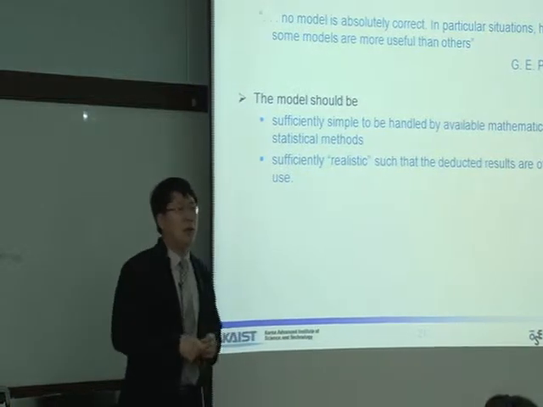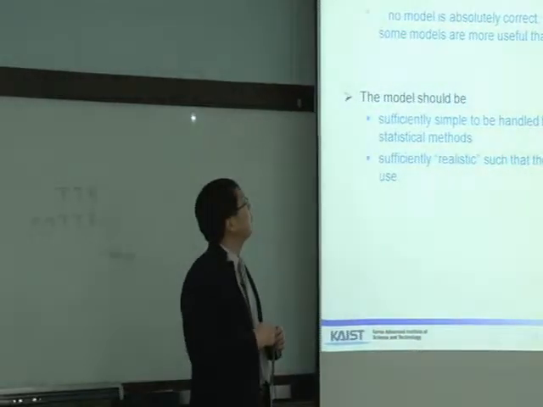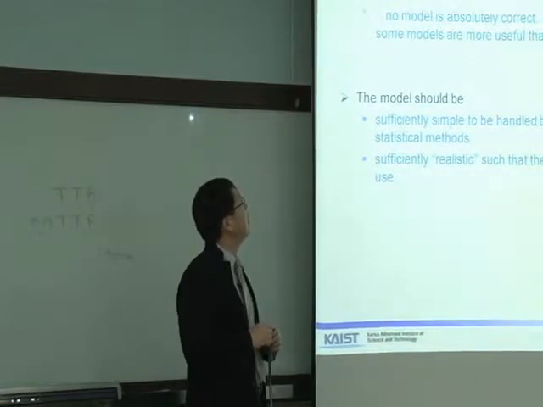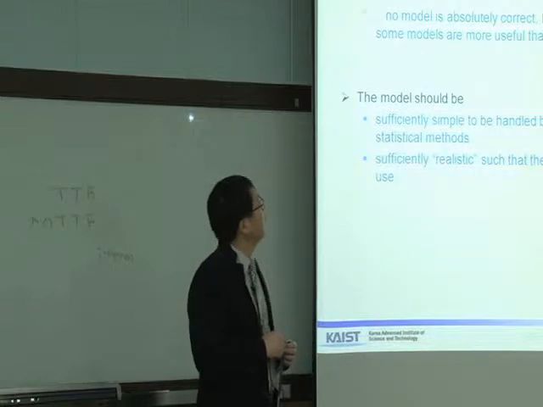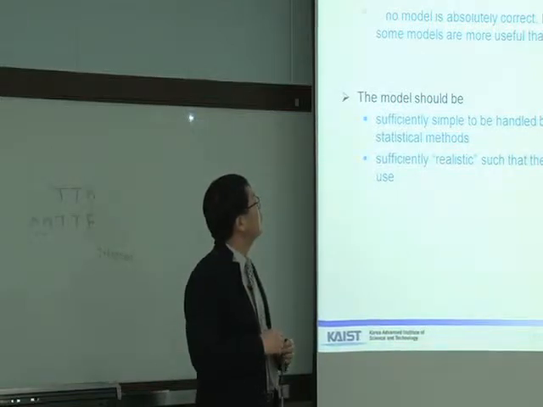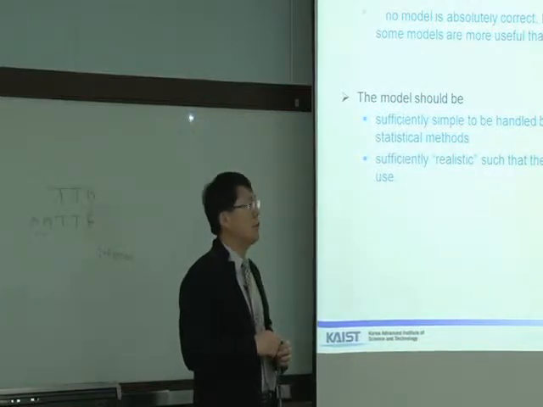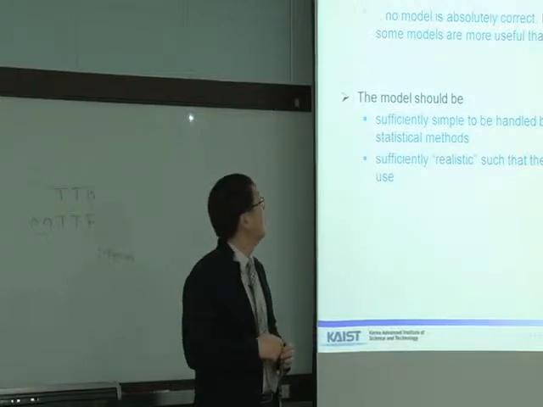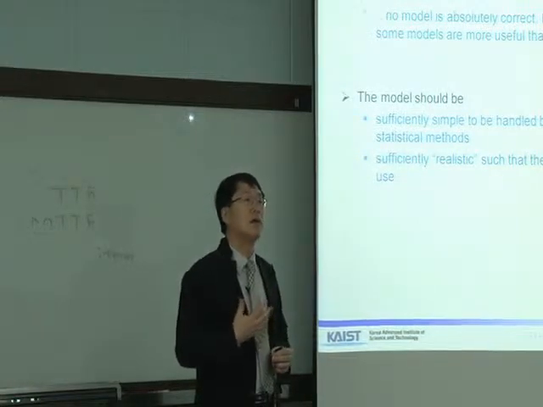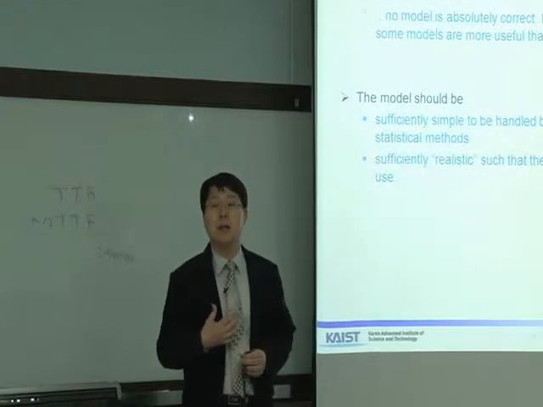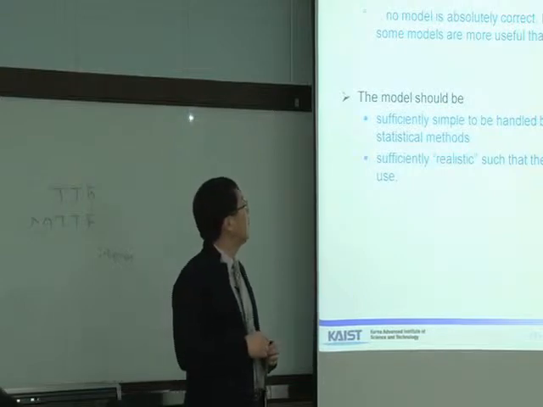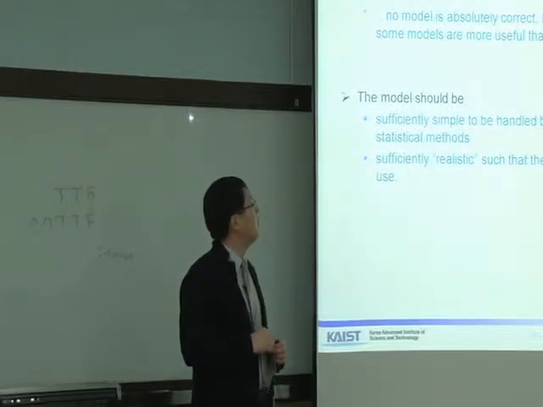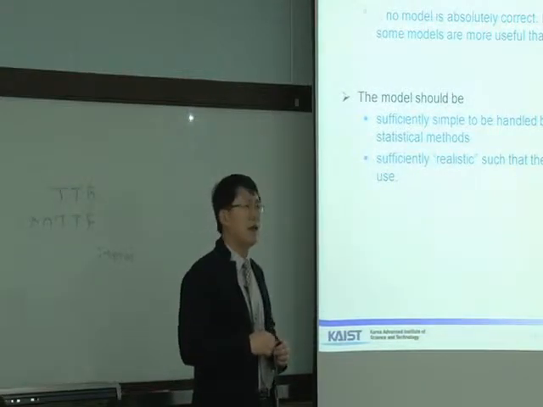And this is about models and uncertainties. No model is absolutely correct. No model is correct. In particular situations, however, some models are more useful than others. So we should employ some model to analyze something. The model should be sufficiently simple to be handled by available mathematical and statistical methods.